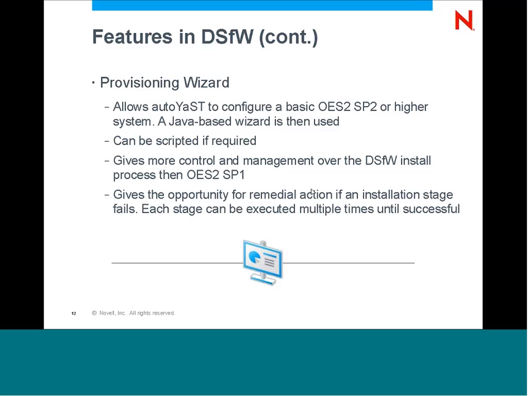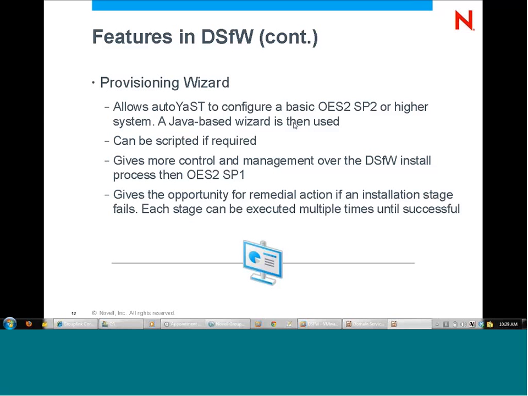Okay. So again, some more features is YAST. The install at first was kind of brutal. The very first version, OES 2 SP1, if you had a problem, it's pretty much we're starting over. Now the install is broken up into 2 pieces. You have the YAST and you have the provision wizard. And the provision wizard allows you, if you run into a problem, to correct that and then continue on.